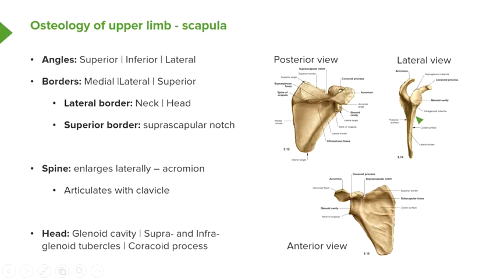And here on this lateral view, which is if you're looking from the lateral aspect, we can see this costal surface. So this is the anterior surface that's sitting against the ribs, and this is the posterior surface here, so we'd have skin along here. Here we can see the glenoid cavity, and then radiating up here, we've got the acromion. We can see it's almost running completely over the glenoid cavity.